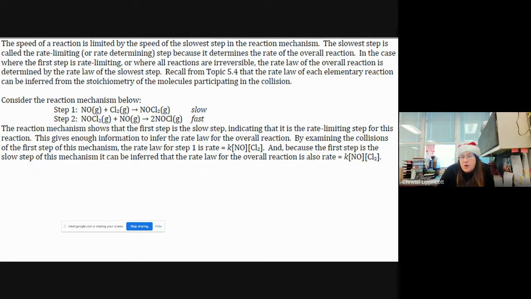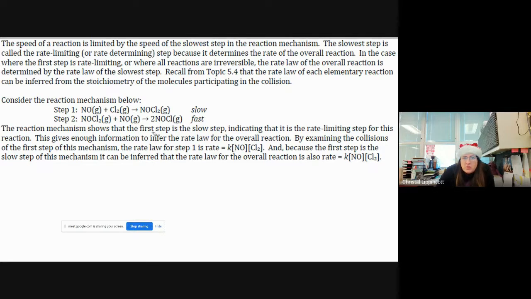So we talked about those rate laws and how we can use the elementary reaction and look at the stoichiometry to be able to figure out what's going on. So the reaction mechanism here is going to show that this is the slow step, and they've got to tell you that. So you can't just be given these and not be told, and you just know. That doesn't work.